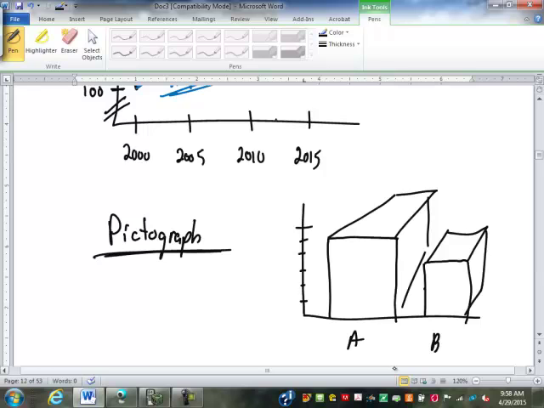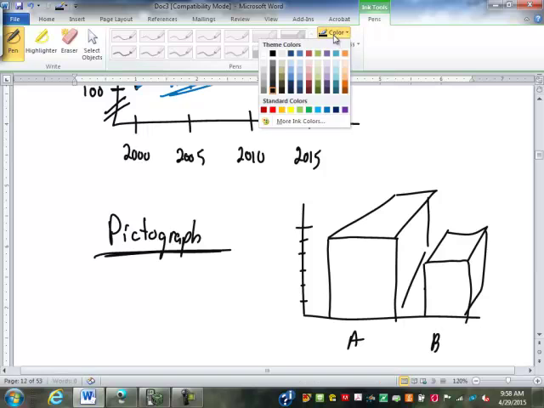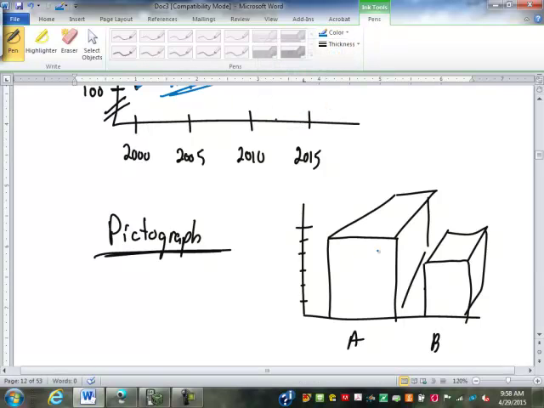That's a form of a pictograph. How's it different from a bar graph? Because I threw in those third dimensions. This is really all that matters, how those line up. That's what the data really is. But by adding this width and this depth, I made mine look huge compared to my competitors.